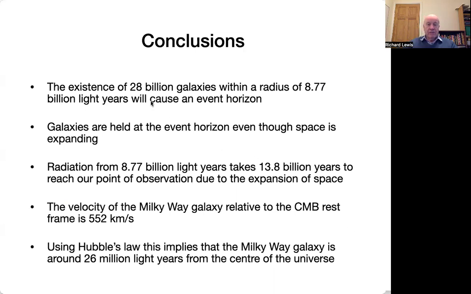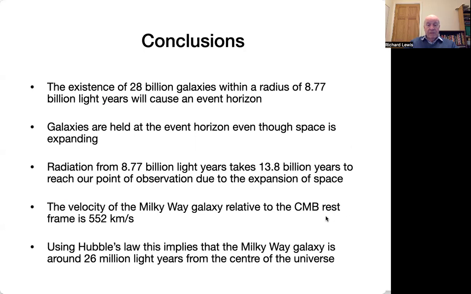The existence of 28 billion galaxies within a radius of 8.77 billion light years will cause an event horizon. Galaxies are held at the event horizon even though space is expanding. And radiation from just inside the event horizon takes 13.8 billion years to reach our point of observation because of the expansion of space.